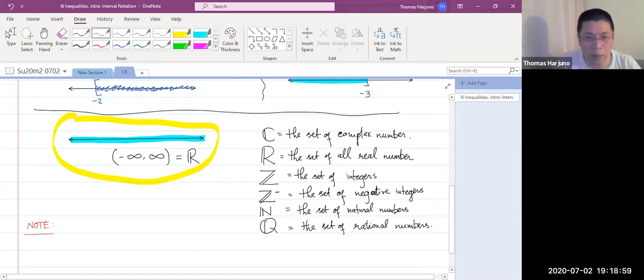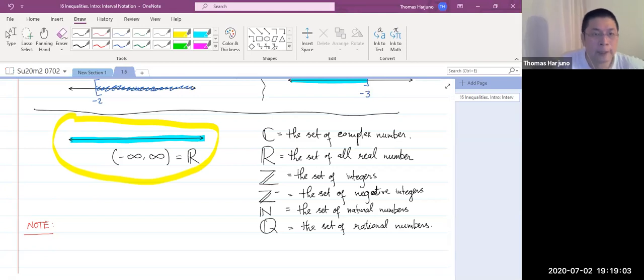My notation may be different from the notation used by Americans. And of course, I try not to penalize you if you don't use the notation we use in here, okay? But toward the end of this semester, I hope you already transition to the notation we use in America, okay?